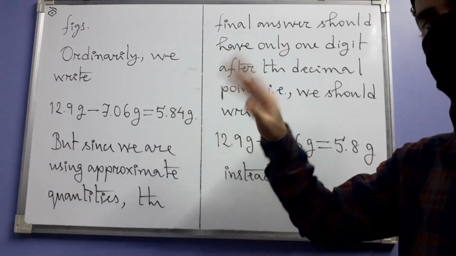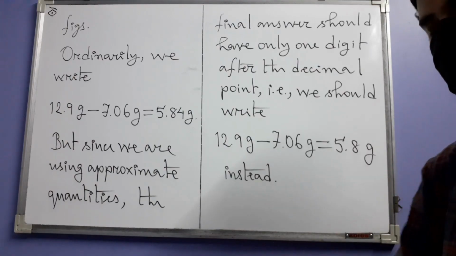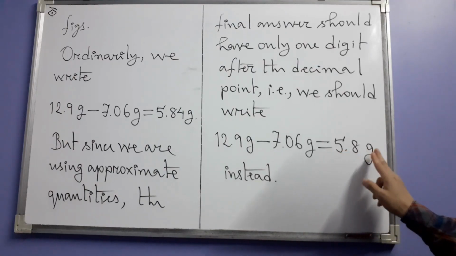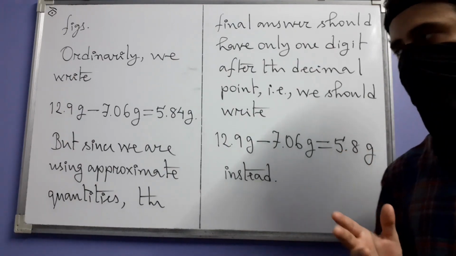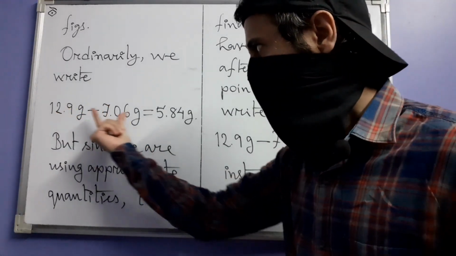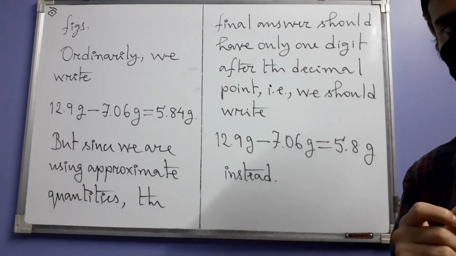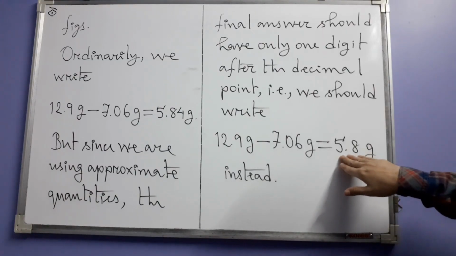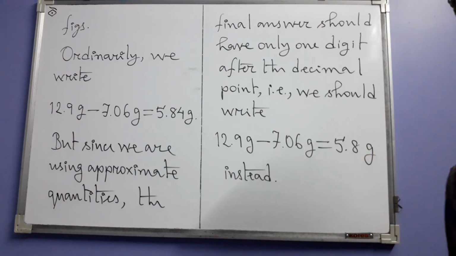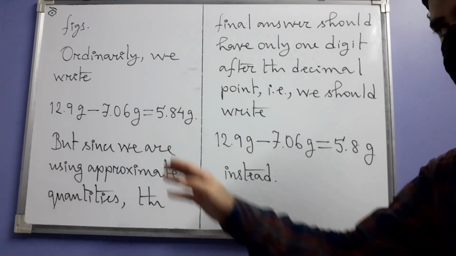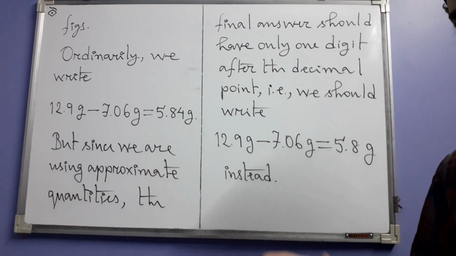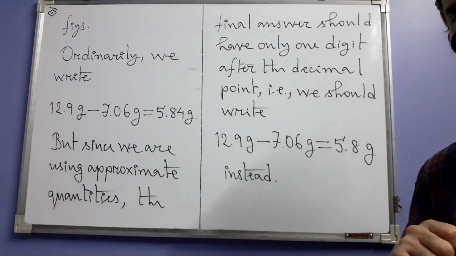We do not raise it by 1, 8 just stays 8, and that way we get 5.8 gram. So you can see that in spite of both the approximate quantities having the same number of significant figures, the final result has only 2 significant figures instead of 3, because subtraction is involved.